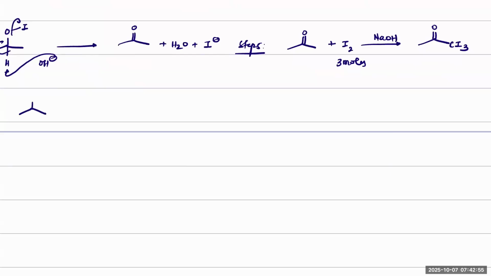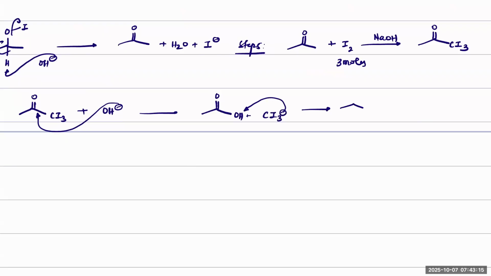Once you get this double bond O CI3, and you treat with OH minus, it will attack. You'll get OH plus CI3 minus. CI3 minus will take H plus from here, and you'll get double bond O minus plus CHI3.